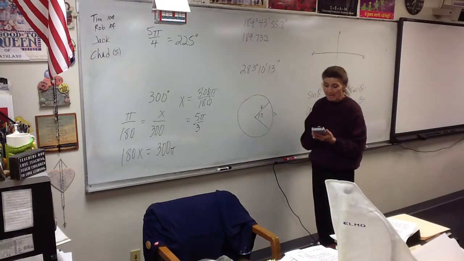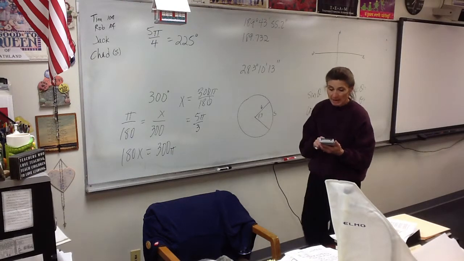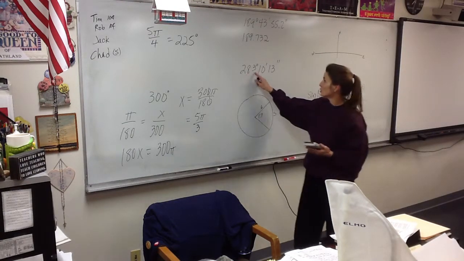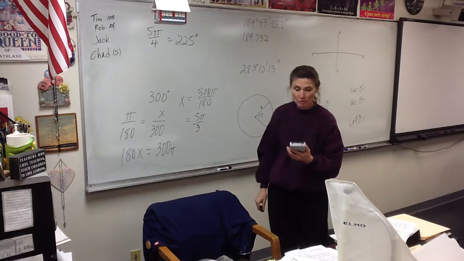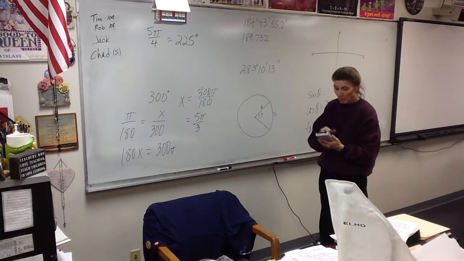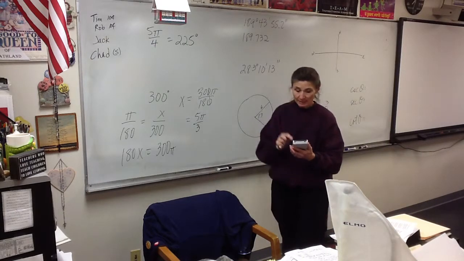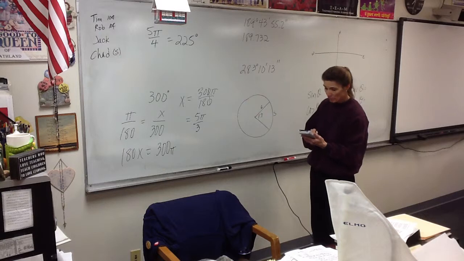So we will type 283. Go into your angle menu, choose the degree mark, then type 10, go back into the angle menu, click down to the minute mark, and then type 13.